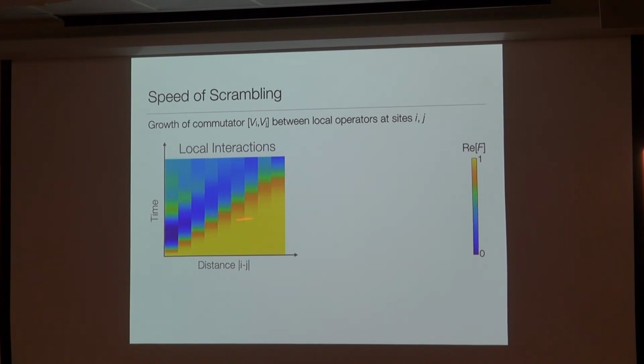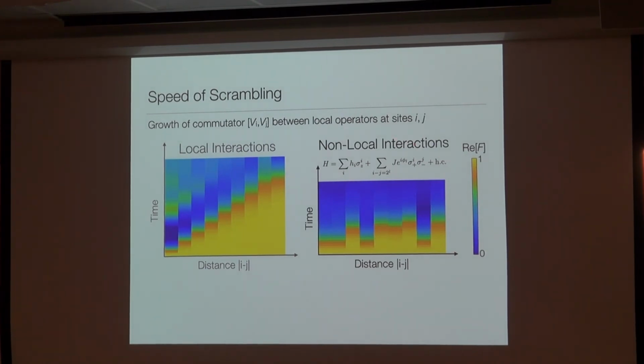There's a light-cone type behavior that one expects to see for the onset of an influence of an operation performed on some spin i on a different spin j.